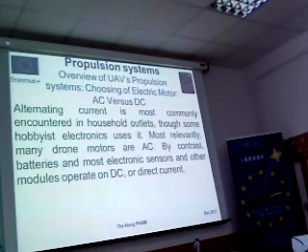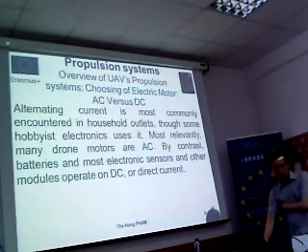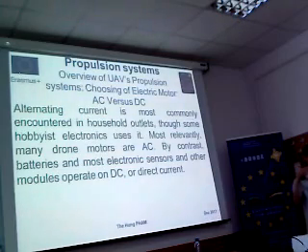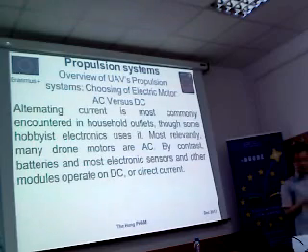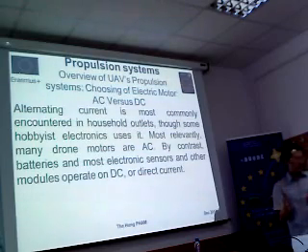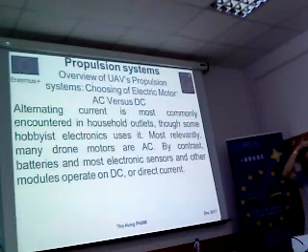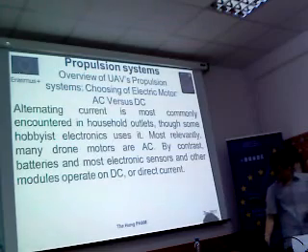So if we want to use DC, maybe we need some special device in order to change from DC to AC. We cannot have a DC-AC generator inside the room.